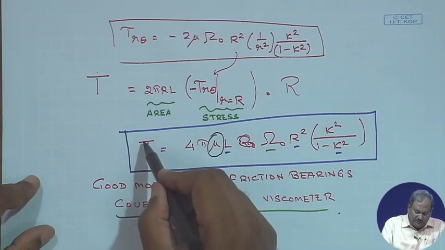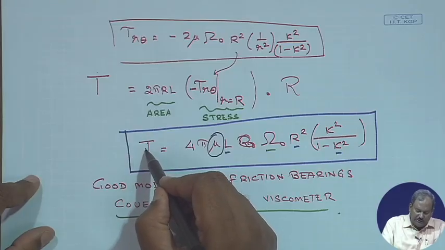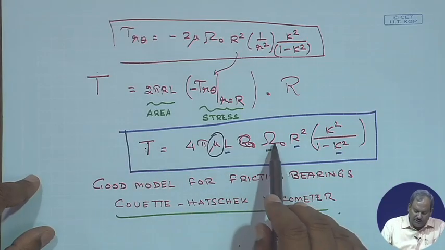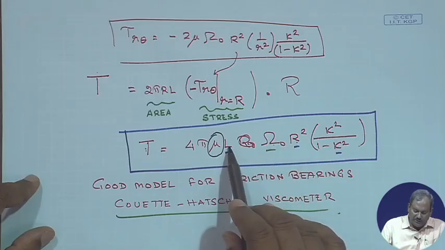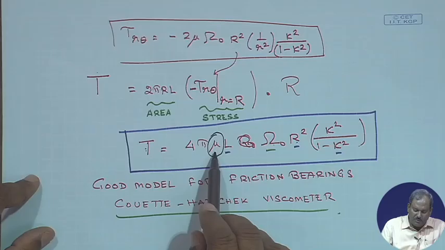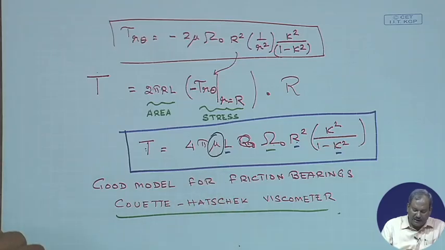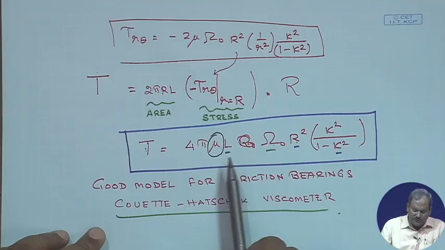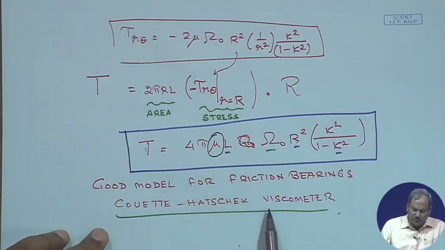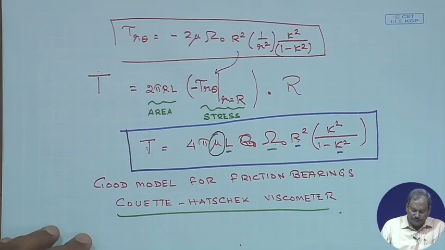So, once T is measured, and the velocity, the geometry, the length etc. are known, then the only unknown, mu, can be accurately calculated. The viscometers which are based on this principle are known as Couette Hatschek viscometer.